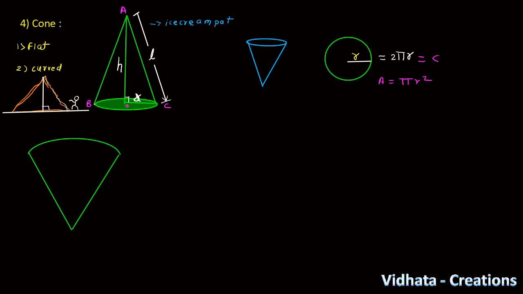You know how it looks? It looks like a petal. Have you seen the petal of a flower? It looks like a petal of a flower, or you can see it as a sector of a circle. Here we will consider it as a petal.